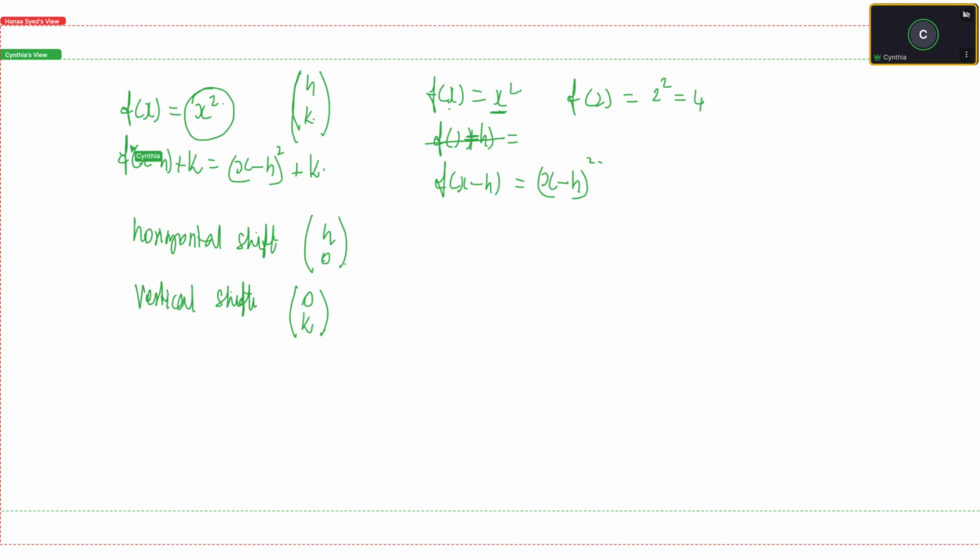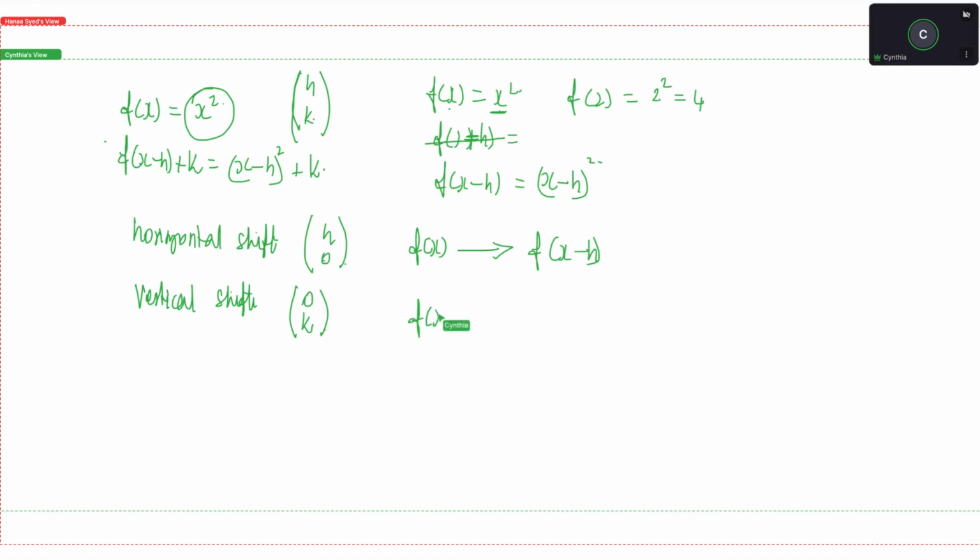So this is the change. You need to know this very clearly. When the translation comes, horizontal and vertical translation. Only horizontal means f of x will become f of x minus h. This is only horizontal.